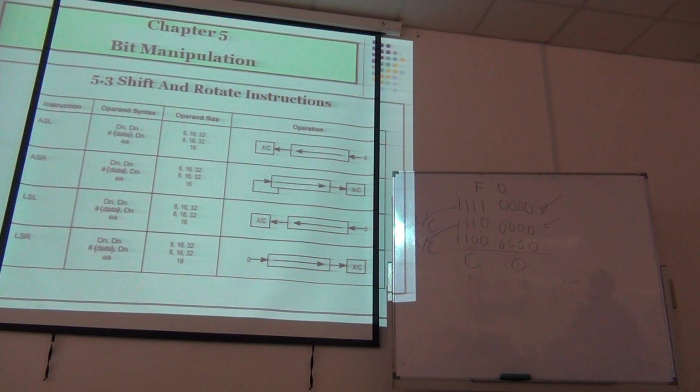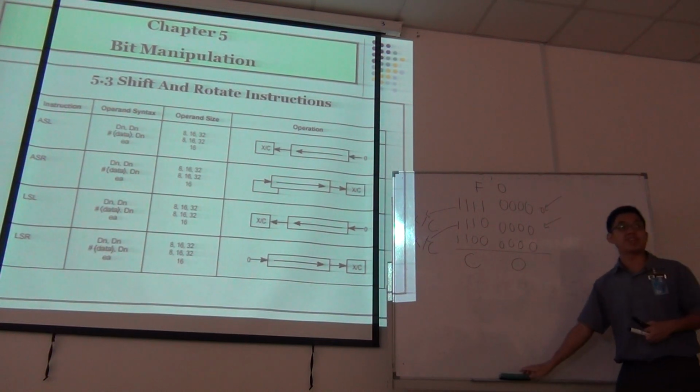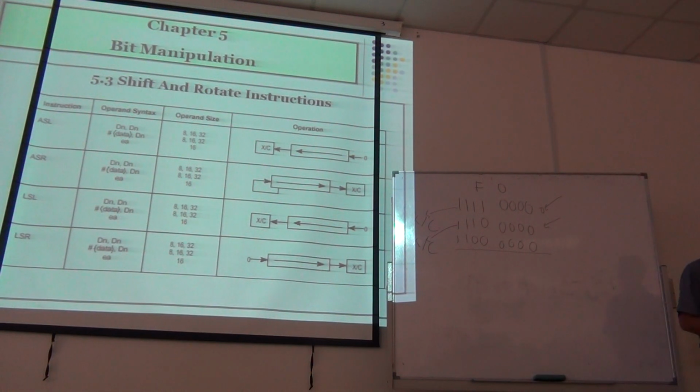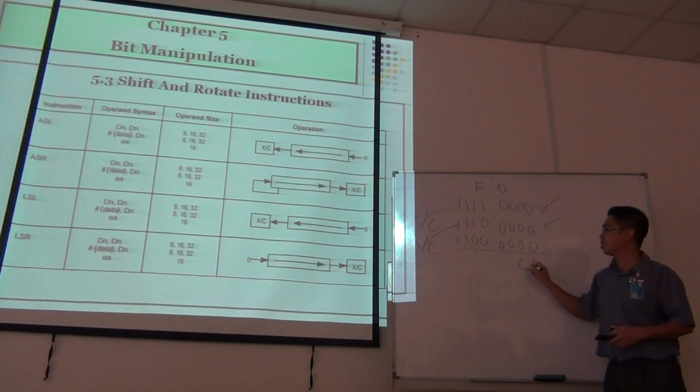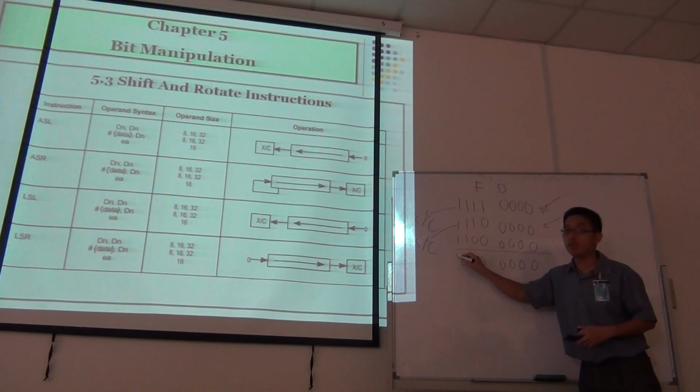Okay, let's try you put 3 times. Instead of 2, you shift it 3 times, from hash 2 to hash 3. So you can see what the result is after this. If you change from hash 2 to hash 3, the result will be 0, 0, 0, 0, 0, 0, 0, 1.